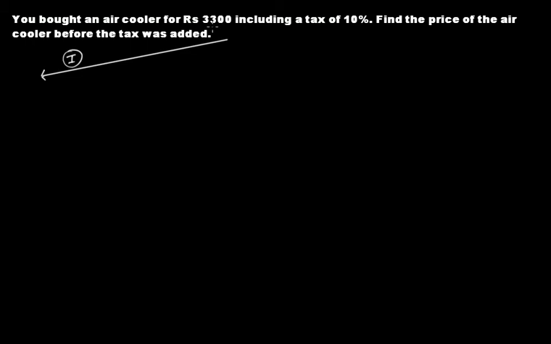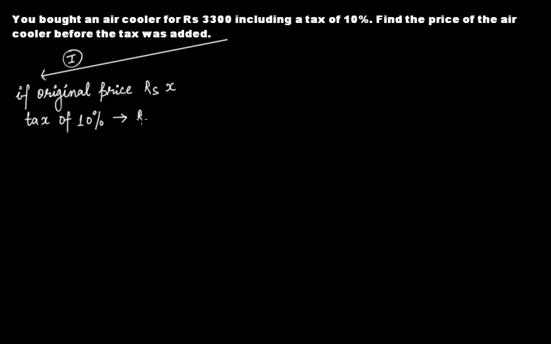So let's assume that the original price, that is the price that doesn't include the tax, is rupees X. Therefore, after applying tax of 10%, the tax of 10% will be applied on this rupees X.